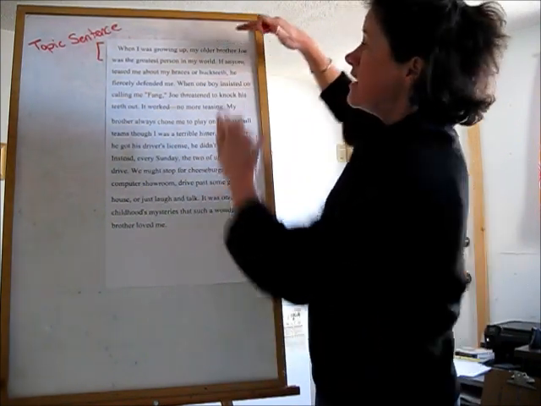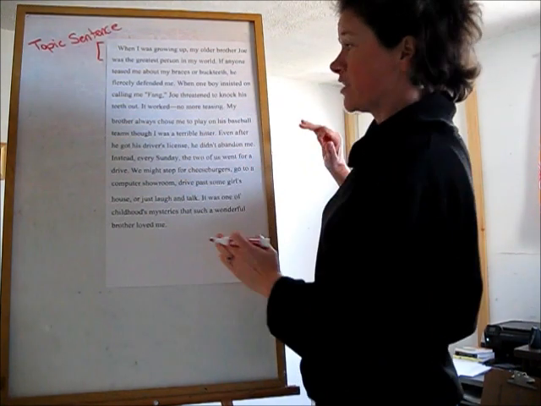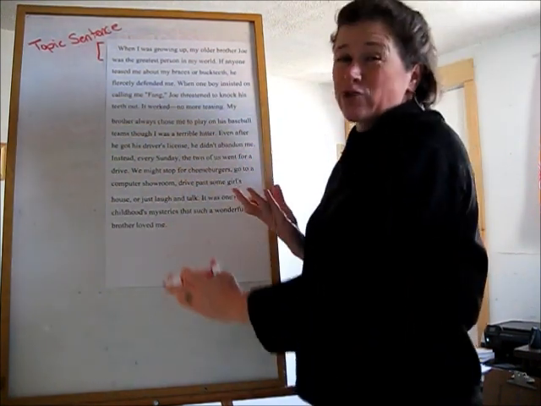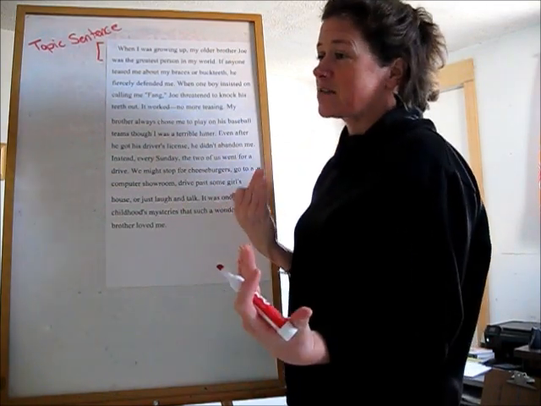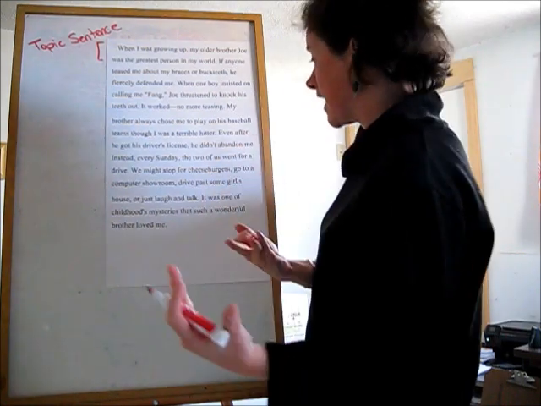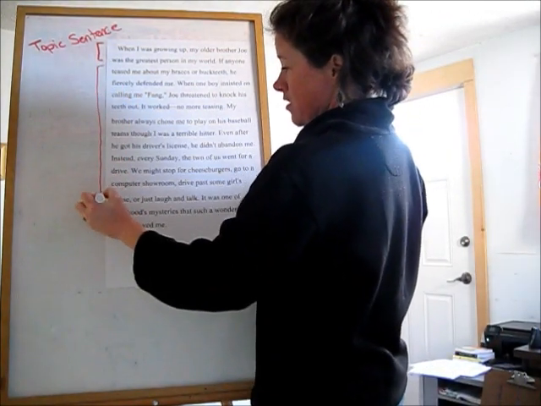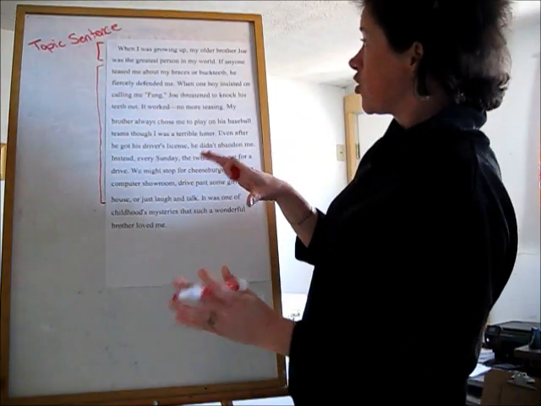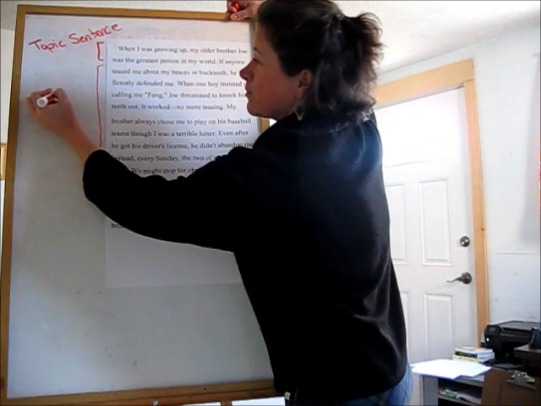So we have, he defended him when people teased him. He always picked him on his baseball team. Even after he got his driver's license, he kept coming around and taking his brother for drives and hanging out with him. All of these things that show in what way Joe was the greatest person in his world, that's your body.